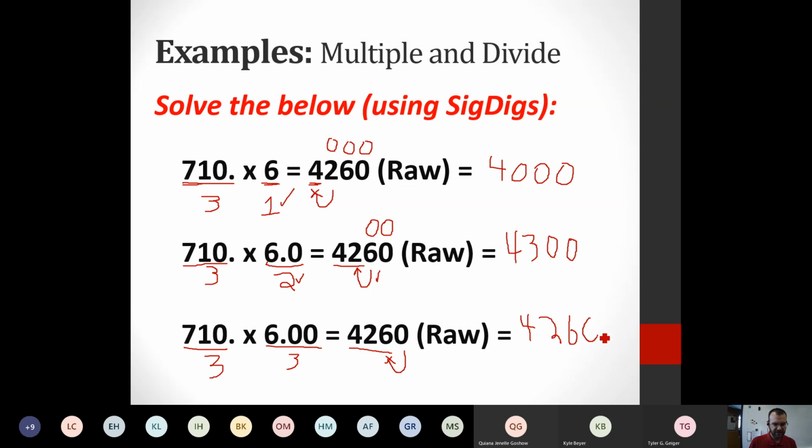And we have our 0 placeholder to keep the number right. So that is multiplying and dividing using significant digits. And hopefully that wasn't too confusing. Multiplying and dividing is a bit on the easy side. Do a bunch of practice and you're going to find that that's not terribly bad.